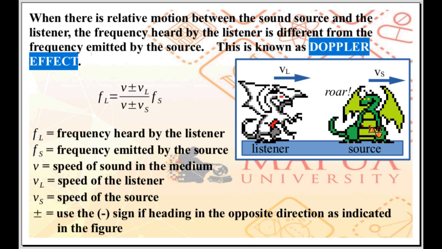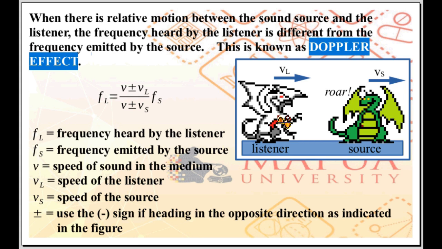It's important to note the direction of the velocities or motion of the source and the listener in terms of this figure, because that will come into play with the plus minus sign in the equation. Use minus sign if the object is heading in the opposite direction as indicated in the figure.